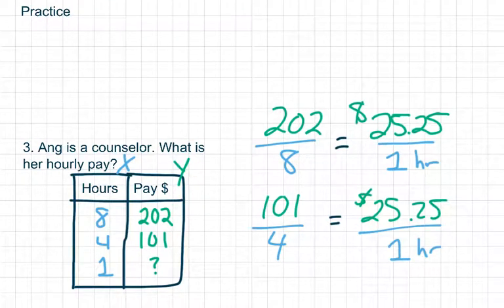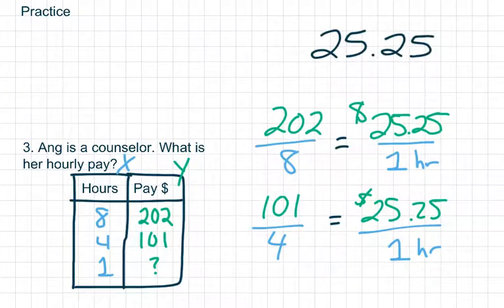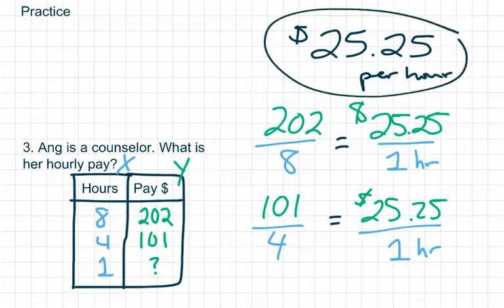And I did. When I divide 202 divided by 8, I get 25 and 25 hundredths. When I divide 101 divided by 4, I still get 25 and 25 hundredths, meaning that Angela makes $25.25 per hour. So that is her rate.